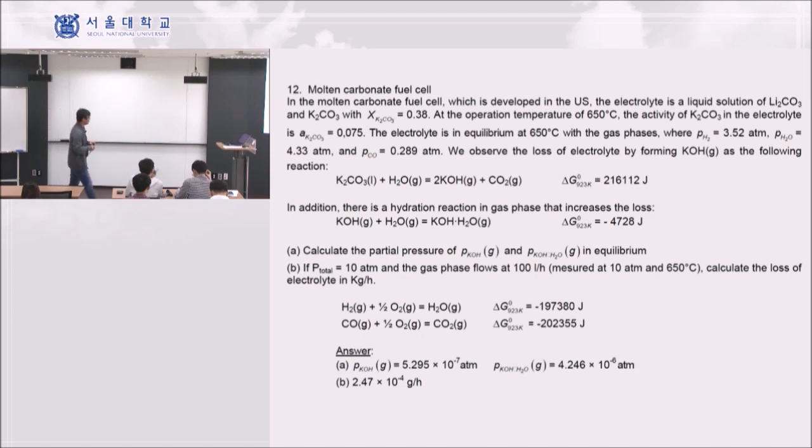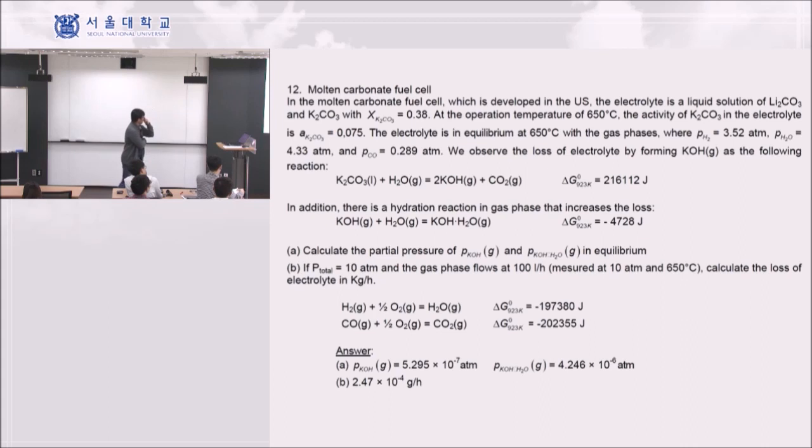Okay, let's look at this one. We have the molten carbonate fuel cell. The electrolyte is Li2CO3 and K2CO3, with a mole fraction of K2CO3 about 0.38, and the operation temperature is around 650 degrees Celsius. The activity of K2CO3 in this binary liquid solution is 0.075.